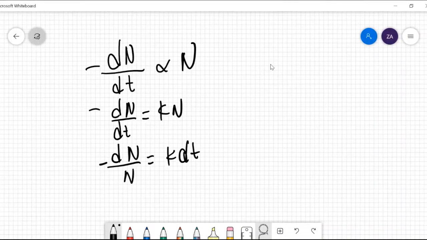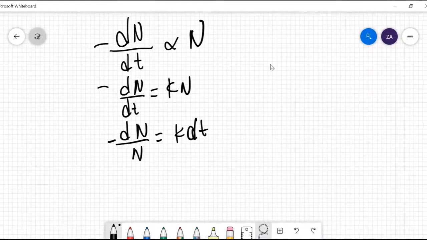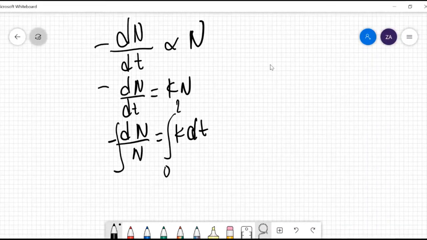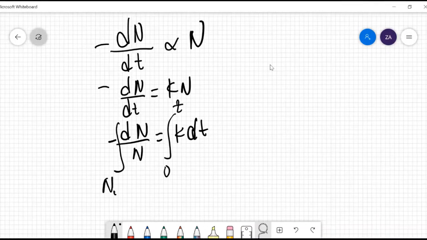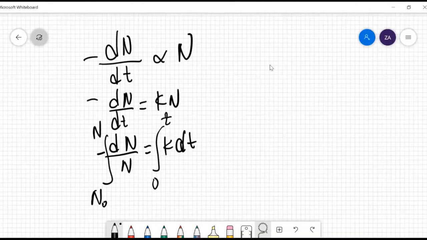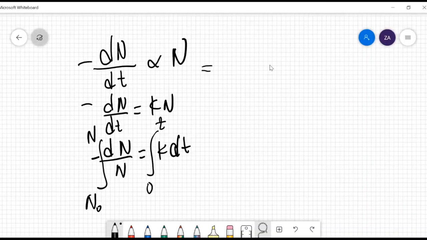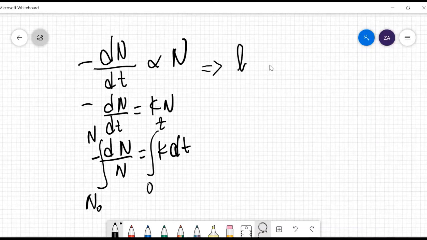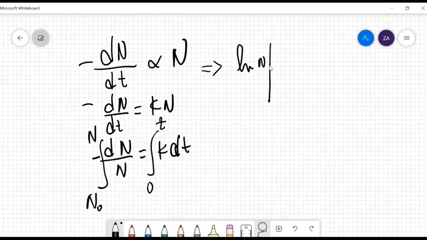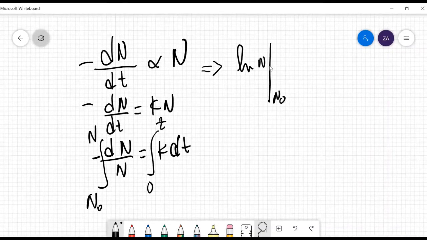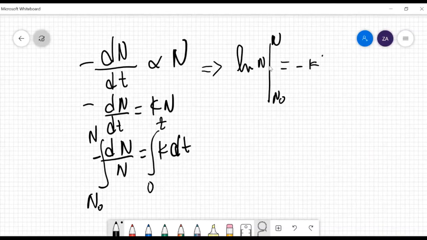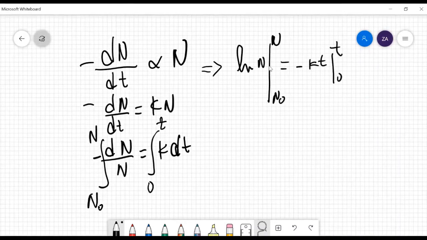If we integrate this expression from time 0 to t, when the microorganism number was N naught at the start and at any time t is N, we will get ln N, or log N over N naught, is equal to minus kt, integrated from 0 to t.